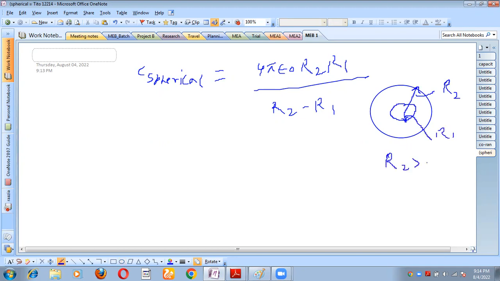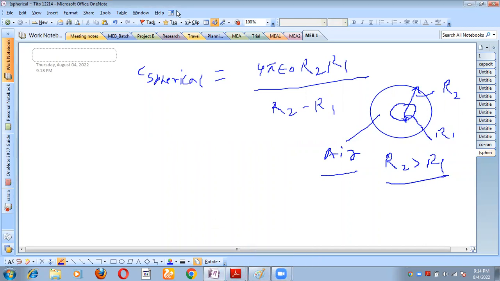Here R2 is greater than R1. Here we are giving epsilon naught, it means the medium is air. If the medium is other than air, then we have to multiply by the dielectric constant. Any doubt till now, both of you?